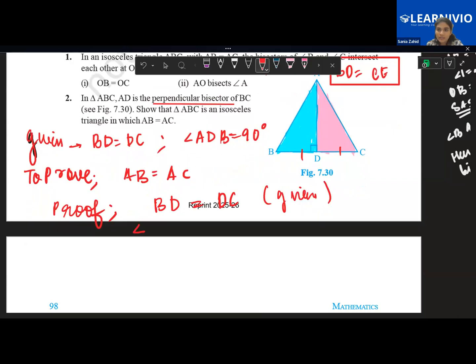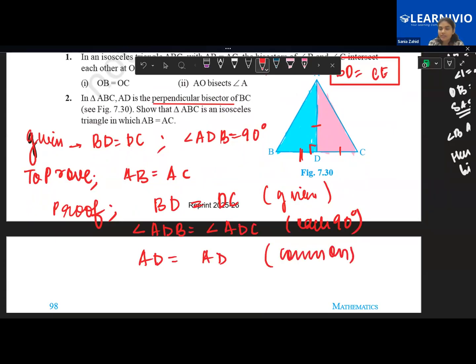Then I can write down angle ADB is equal to angle ADC because this is each 90. Then I can write down AD line is equal to AD line as it's a common line. So I have side, I have angle, I have a side.